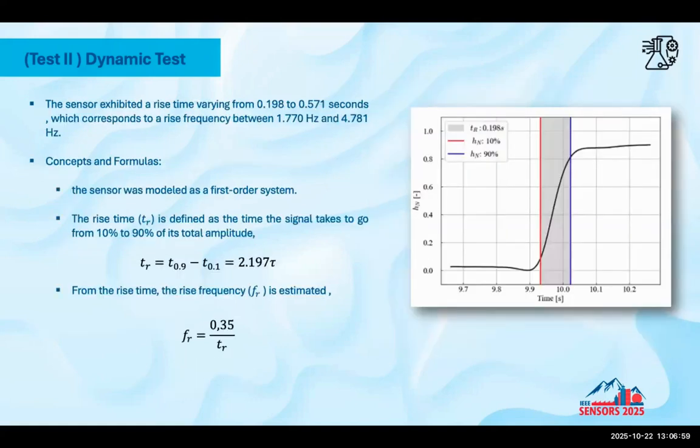Okay, this is our other possible analysis for the dynamic test, using the response of the sensor only. We can measure 10% of the maximum amplitude and 90% of the maximum amplitude, calculate this delay time, and obtain the rise time and the rise frequency by this formula.